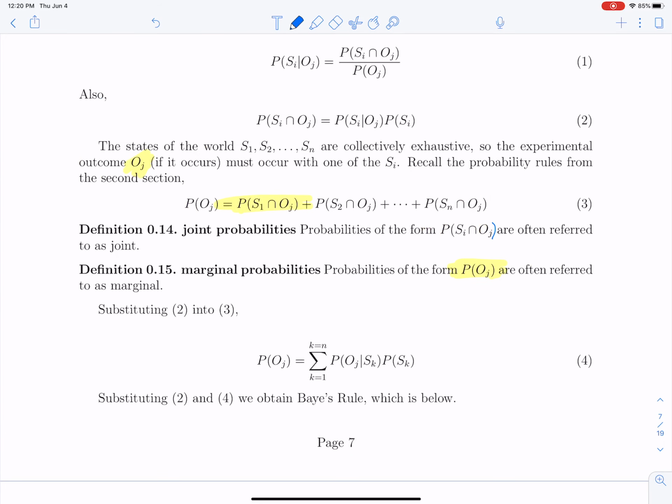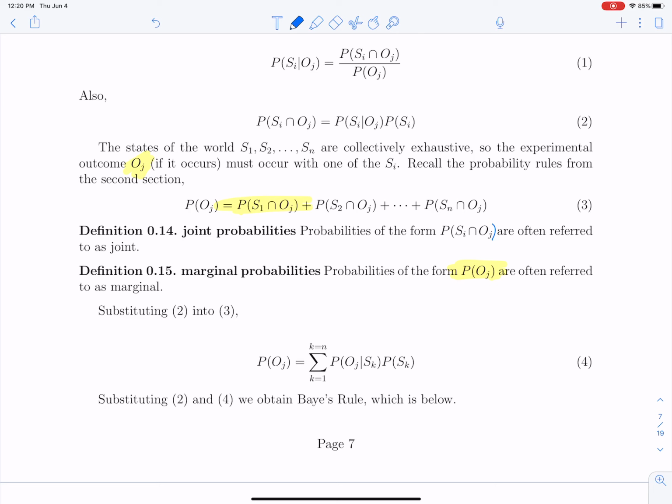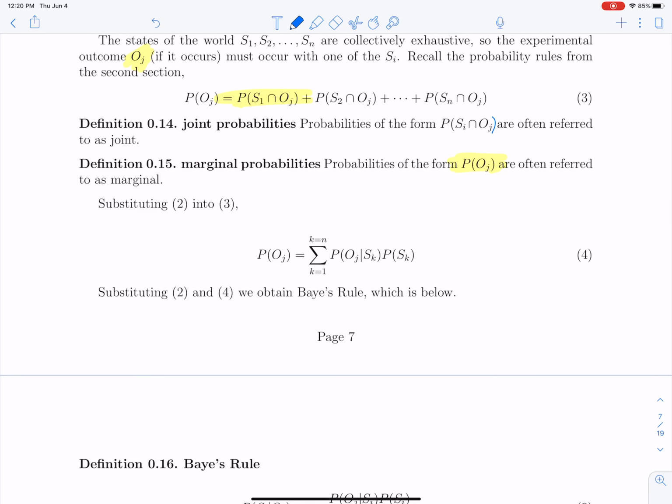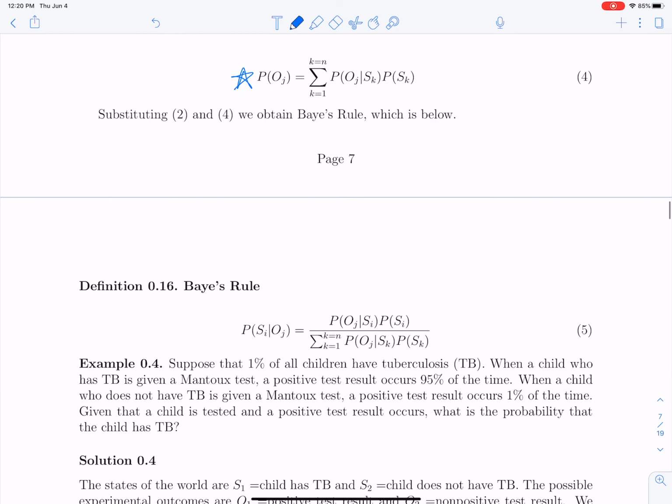So if we substitute the second equation into the third, we basically get the summation of all of the outcomes given the state of the world multiplied by the state of the world. And this is going to tell us the probability of O sub j, or whatever outcome that would be. J normally would be a number depending on what event we're looking at.